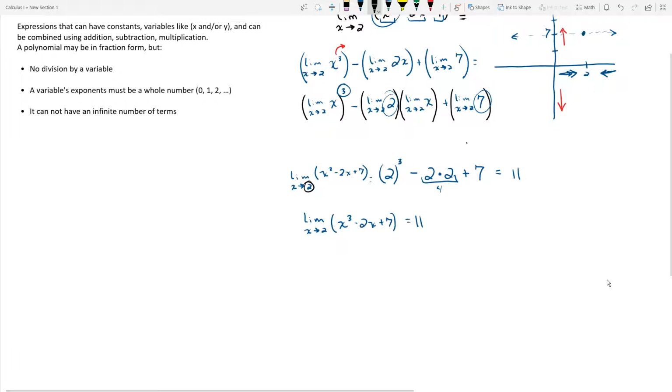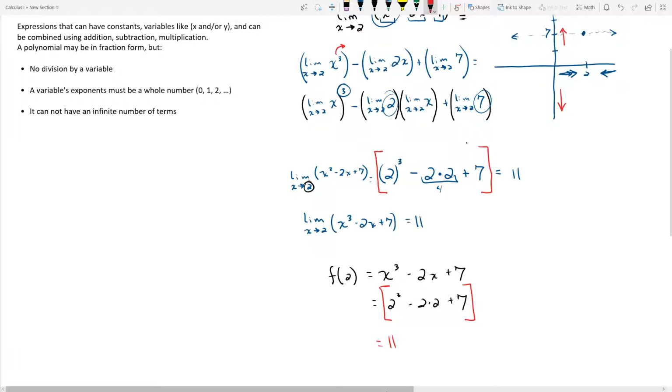So if we said that f of 2 for the function x cubed minus 2x plus 7, we would end up with 2 cubed minus 2 times 2 plus 7. And you'll notice that as we broke apart this polynomial, we ended up with exactly that expression. And we already know that that equals 11.